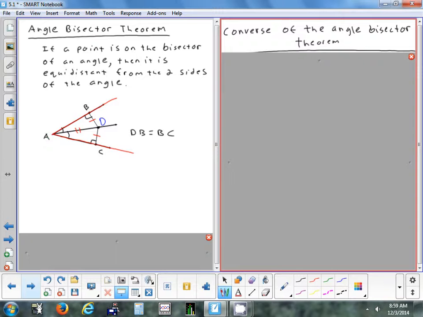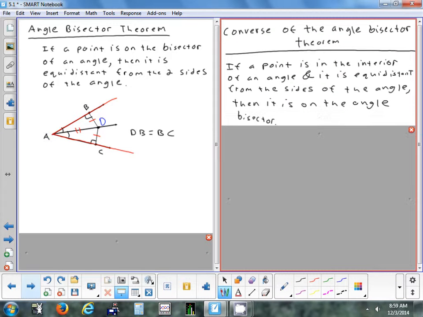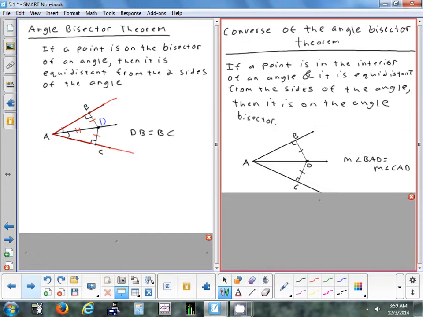The converse of this theorem is also true as well. If you've got a point that's inside the angle, and you tell me that it's equidistant from each side, you've also just automatically told me that it's on the angle bisector.